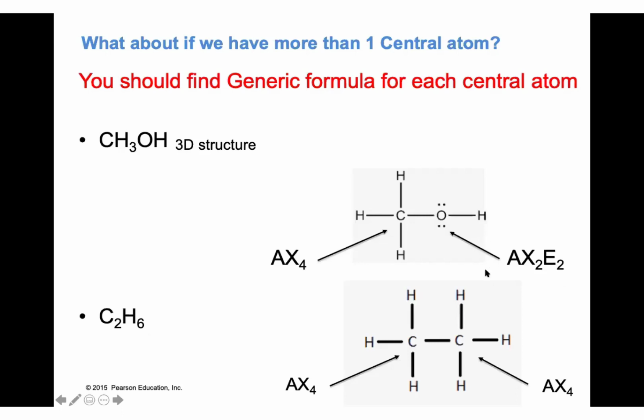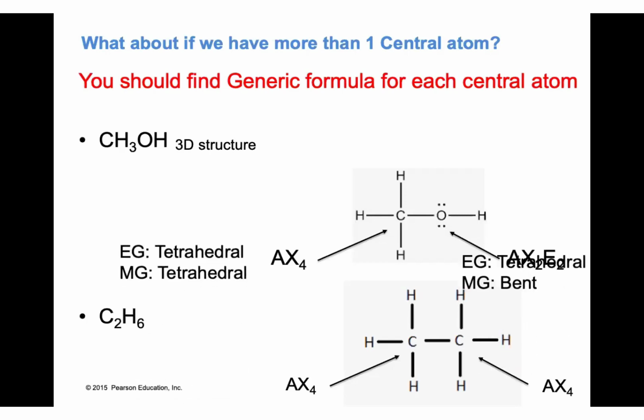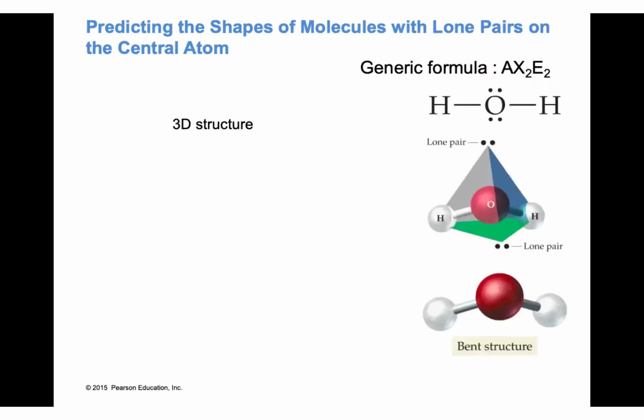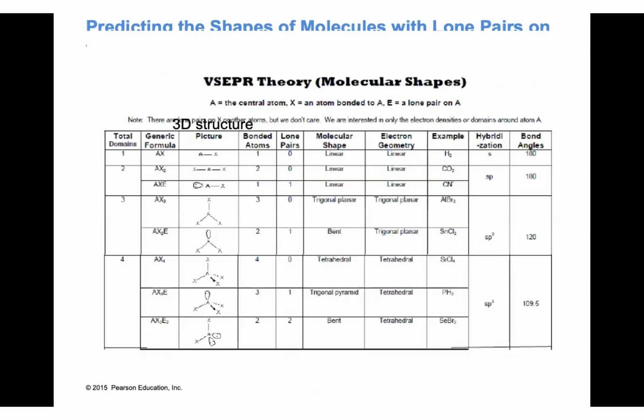So then we go to the VSEPR table and find whatever is in that row for that central atom. For example, for the X4 that I said, this row belongs to the X4.